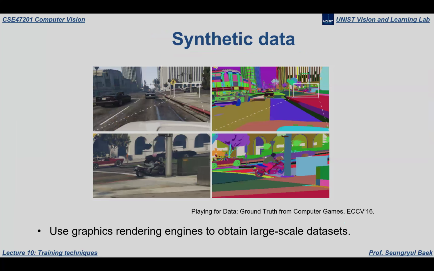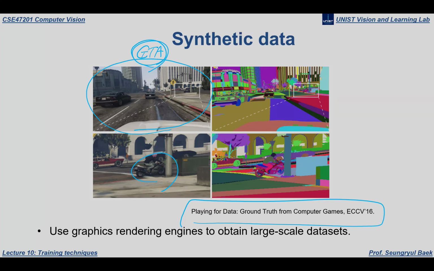So, this is another paper that does this type of thing, using the GTA game engine. Maybe some of you are already familiar with GTA. Using it, they have a very high quality simulation for modeling the city, and using their game engine, they can render even the segmentation map.